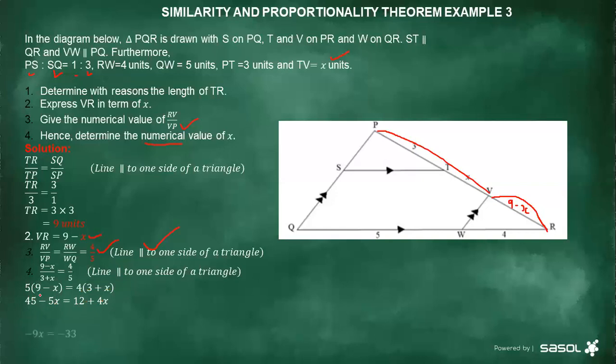Then we're going to transpose the other one on the other side, and then the X to X. If we bring this positive 4X to the left hand side, then it's going to give us negative 9X. And then you also take this 45 to the right hand side to be added with this 12, then it's going to give us negative what? Negative 33. Then you divide both sides. Since we are in need of X, we are going to divide both sides by negative 9. Then after dividing, you are going to obtain X as 11 over 4. So that is the value of X.